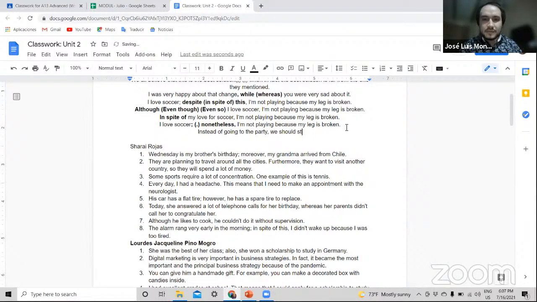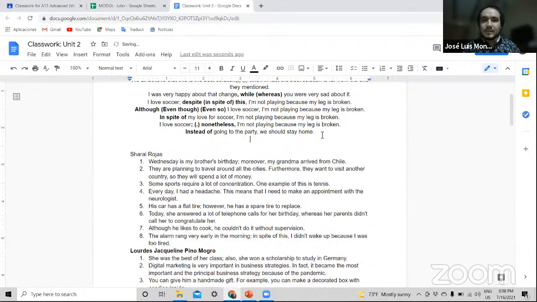Sorry, my mistake over there. There you go. So this is your first idea with instead of going to the party, but this is the alternative. So in the phrase, you have the first idea, and after the comma, you have the actual alternative that we're going to mention.